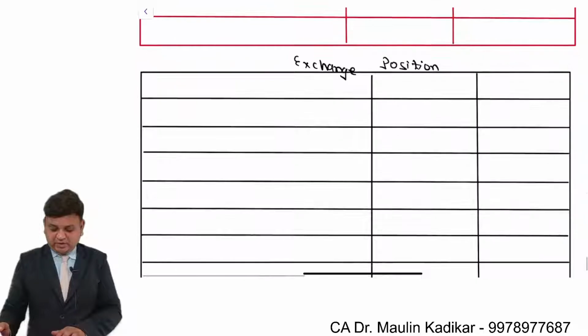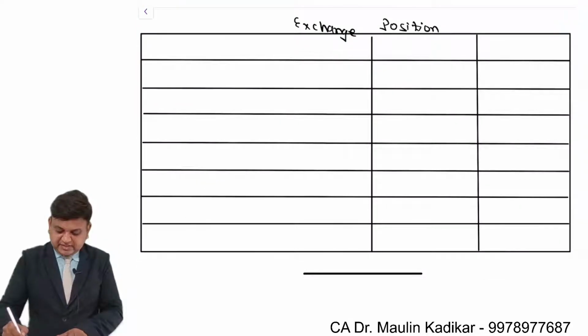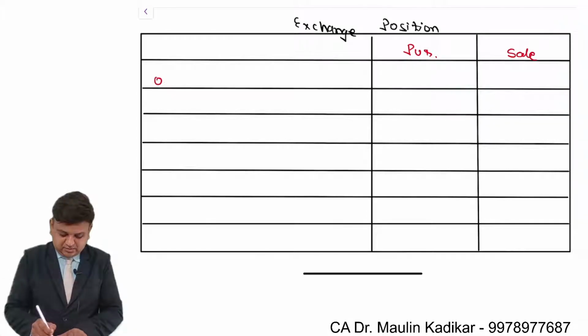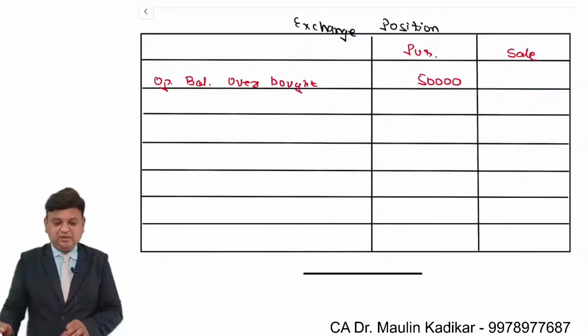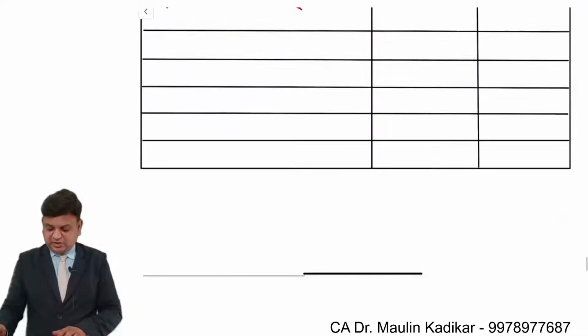Opening position overbought, so we understand that's the purchase and sale. Opening balance overbought 50,000 Swiss franc.